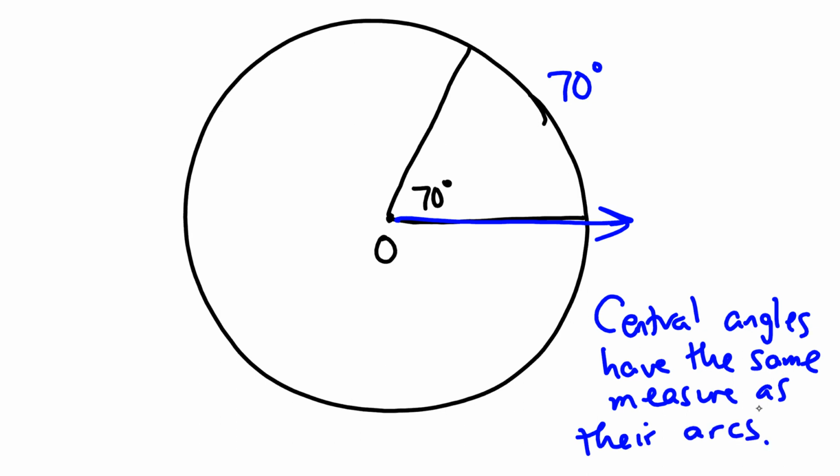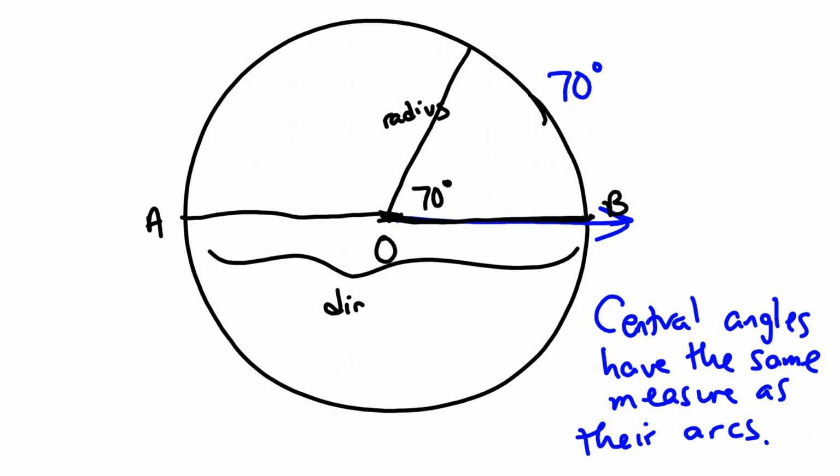And this almost makes sense. This segment is called a radius of the circle. If we go all the way across from one end to the other, a segment AB, that segment is a diameter. It's a diameter, nothing fancy there.